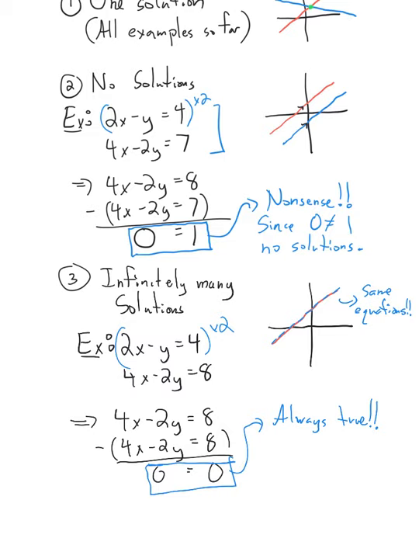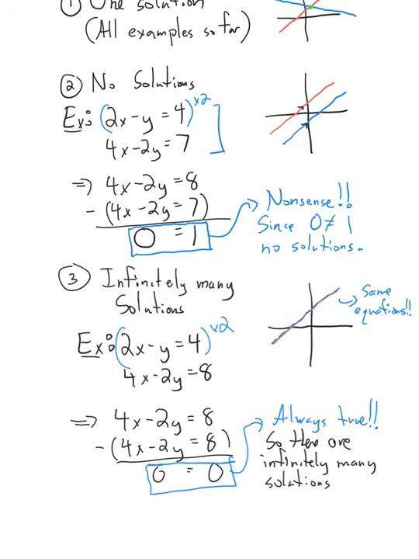So these equations are equal when 0 equals 0. And since 0 always equals 0, these equations are always equal. So there are infinitely many solutions.